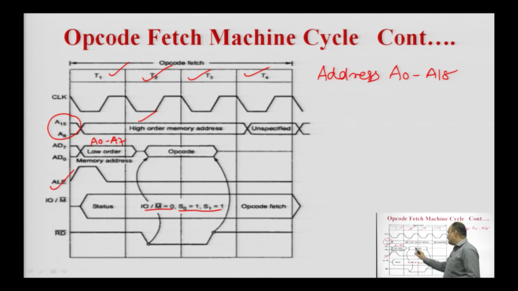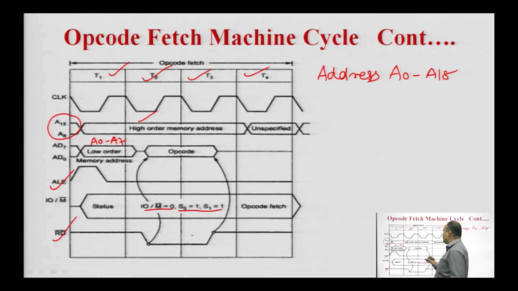During the T2 to T3 T states, to fetch the operation code, the processor generates an active low read control signal. This read control signal enables the memory. Once the memory is enabled, the processor fetches the operation code with the help of the data bus, that is D0 to D7, and passes this operation code to the instruction register and from the instruction register to the instruction decoder.